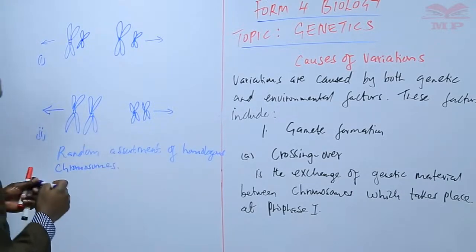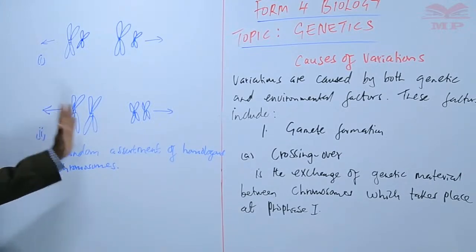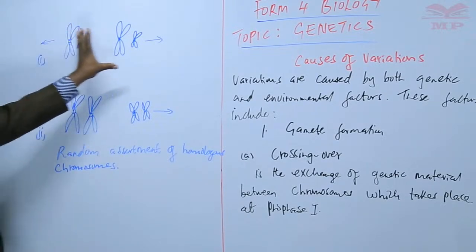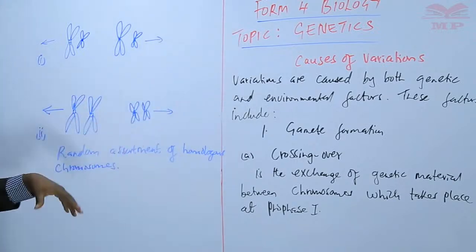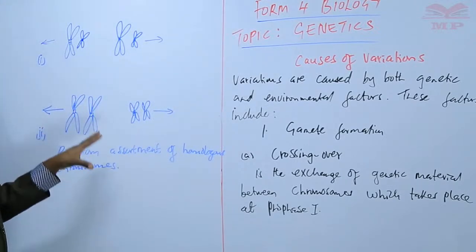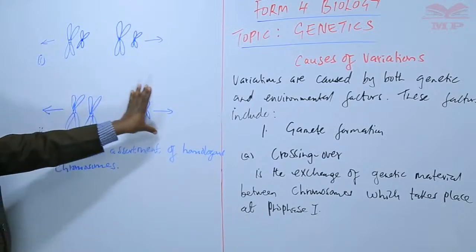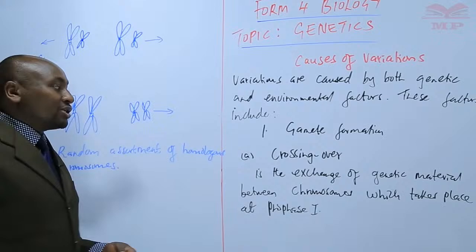So there are so many ways in which the chromosomes can be assorted, leading to very many variations. This one can go to one daughter cell, this one goes to another daughter cell, carrying its own genes there. On the other hand, still within the same process of gamete formation, these ones can go together and these ones can go together, carrying different genes into a certain daughter cell.